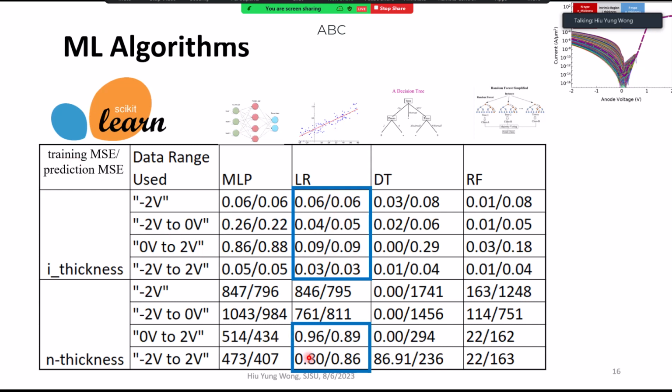But for the thickness of the n-type, which determines the forward bias, it only affects the forward bias or the positive voltage, right? So if we apply the positive voltage on the whole range of the curve, it predicts well. But if we only apply the negative bias, on which it does not depend, then you don't predict well.